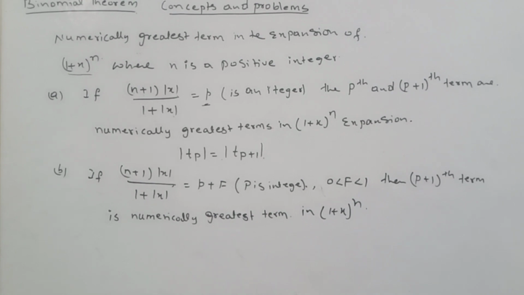If (n plus 1) mod x by (1 plus mod x) is equal to p plus f, p is an integer, 0 less than f less than 1 means f is a fraction, then the (p plus 1)th term is the numerically greatest term in (1 plus x) whole power n.